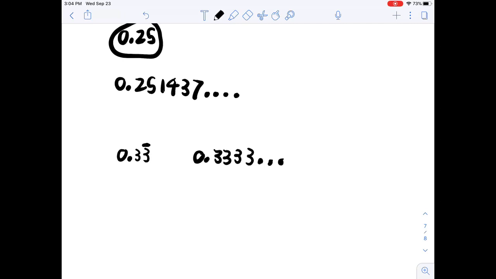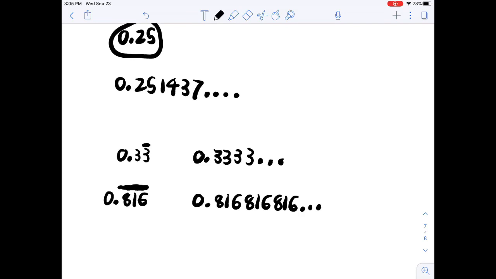Let's look at another example. 0.816 repeated. I'm going to put a line on top of all three numbers because this really means 0.816, 816, 816 forever. This is a rational number because there are three numbers that are repeating forever.